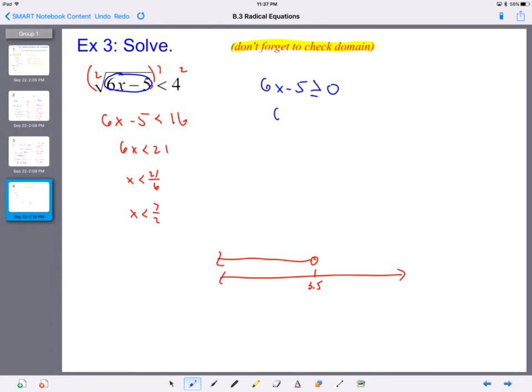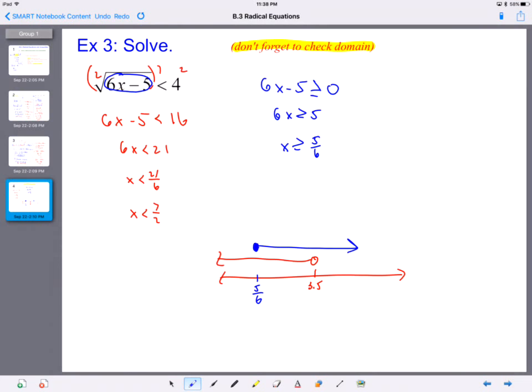So if you add 5, you get greater than or equal to 5. Divide by 6, you get greater than or equal to 5/6. So 5/6 is somewhere over here, and we want values that are greater than or equal to that. For example, if we plug in 0, we would get the square root of -5. That's not part of our domain.